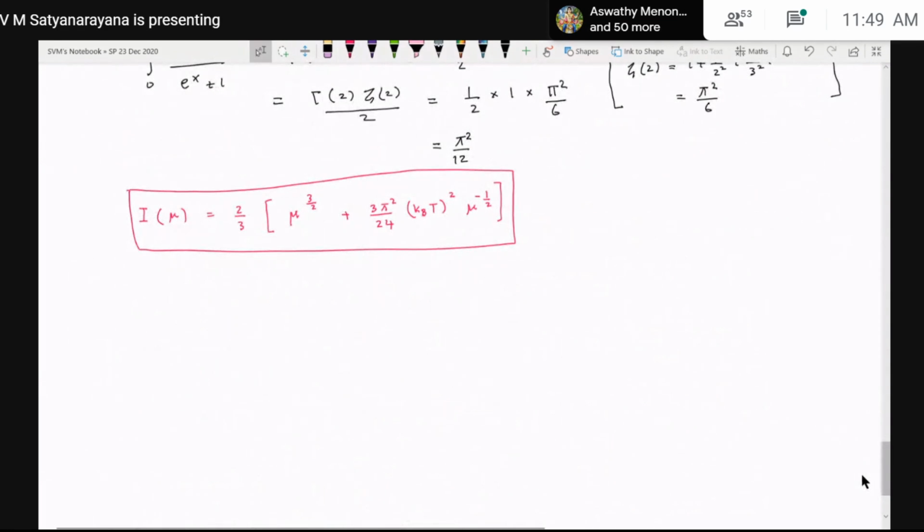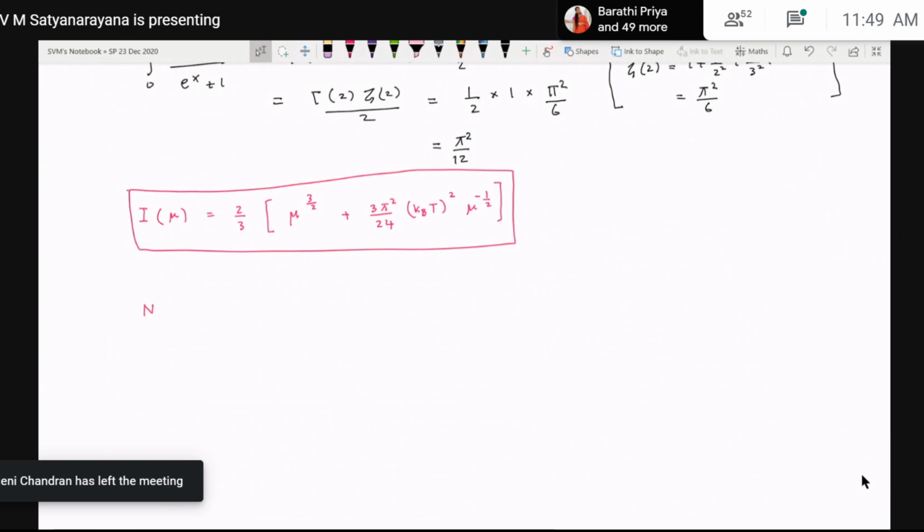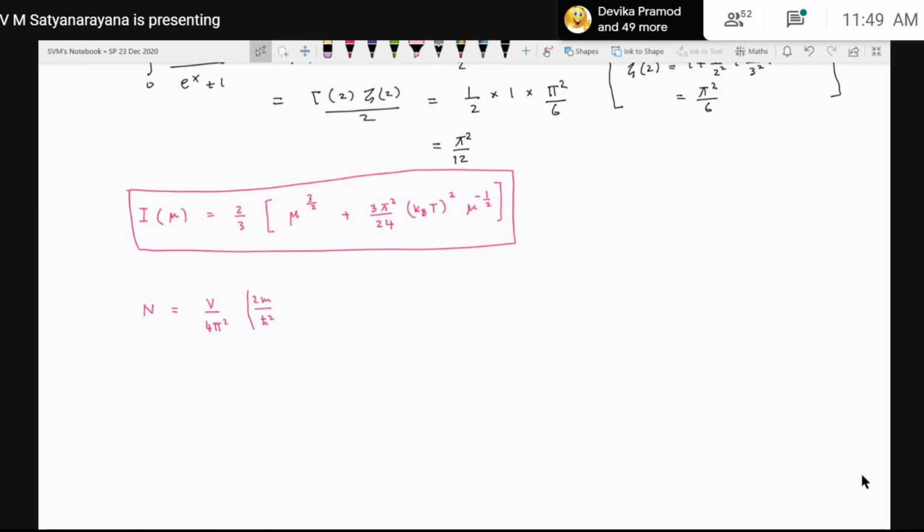So now let me write down n is equal to V by 4 pi square into twice m by h bar square to the power 3 by 2 into 2 by 3 into mu to the power 3 by 2 plus 3 pi square by 24 kBT the whole square into mu to the power minus half.